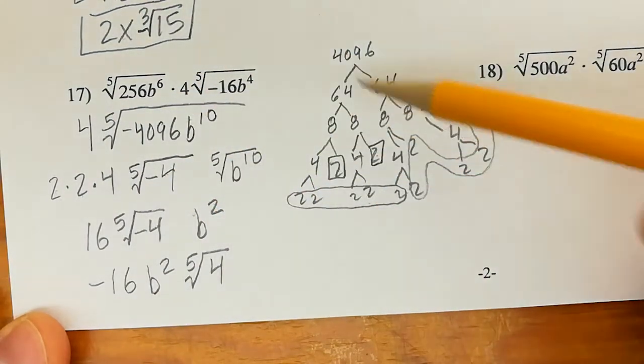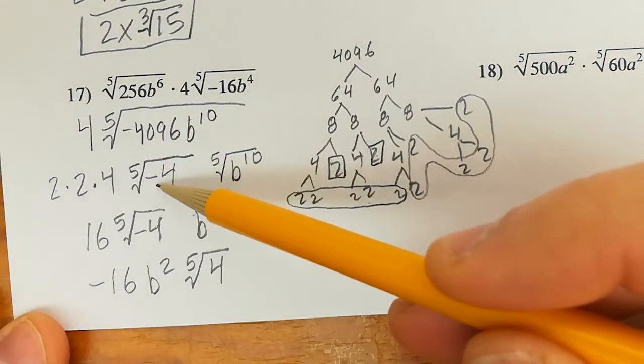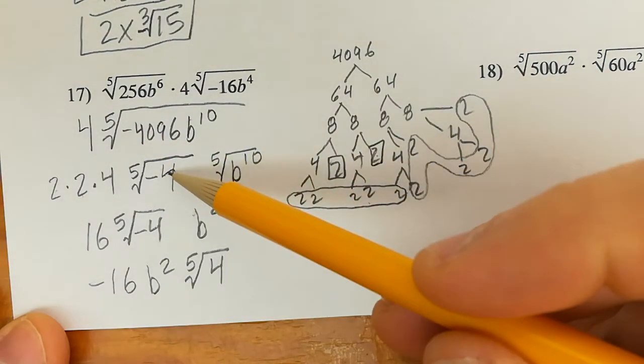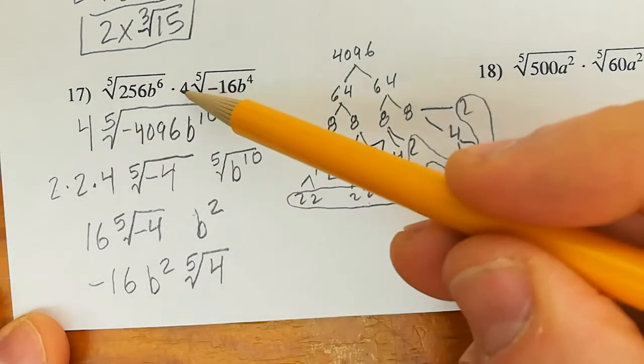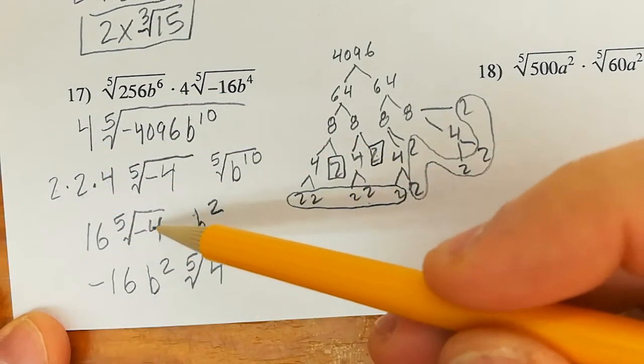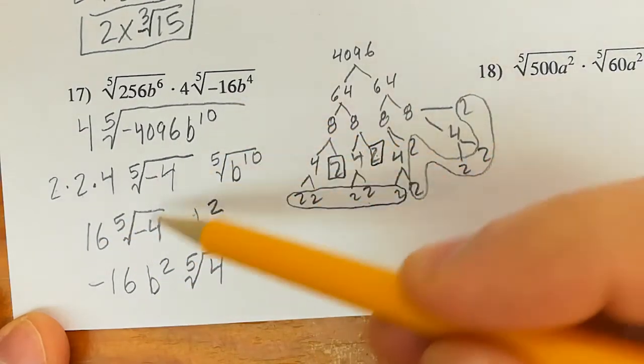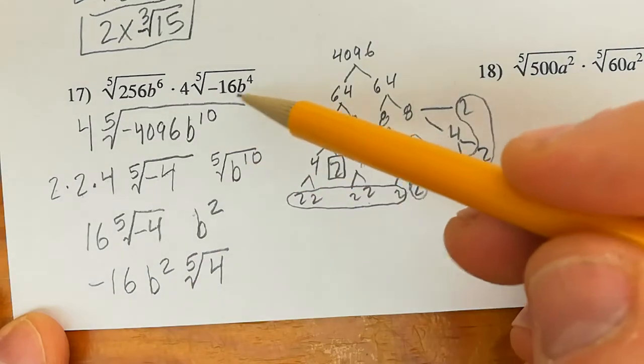Now, I broke down positive 4,096, right? And this was negative, so that's why there's that negative there. This 4 was just the 4 from here, okay? And then you multiply that out, and so you end up with this. And I'll get down to what I did here with the negative later.